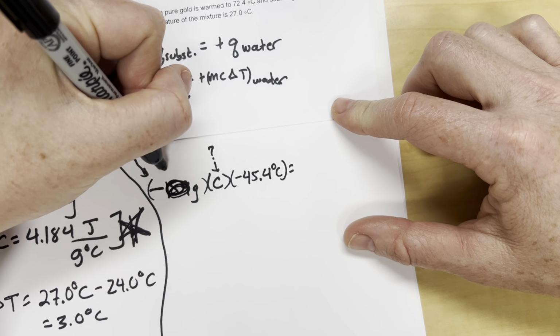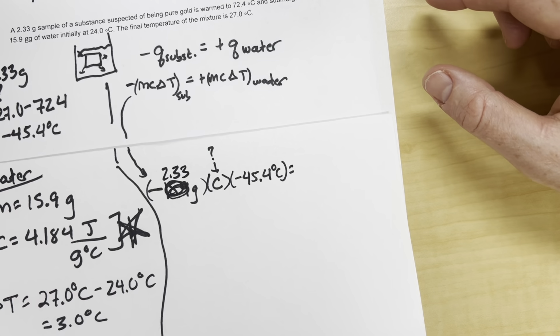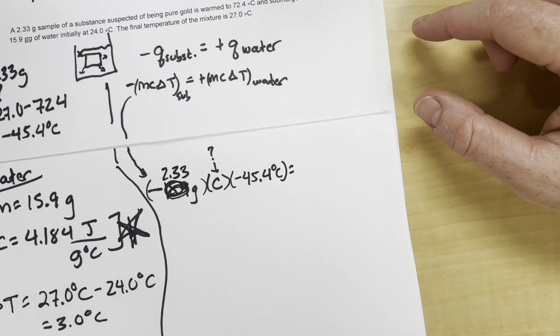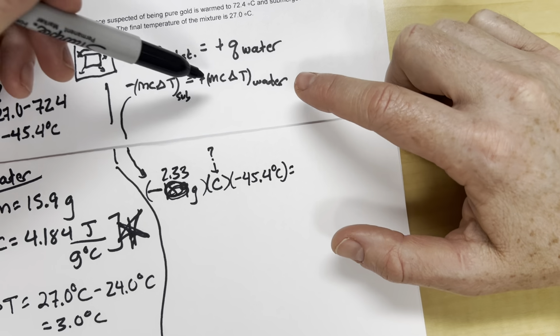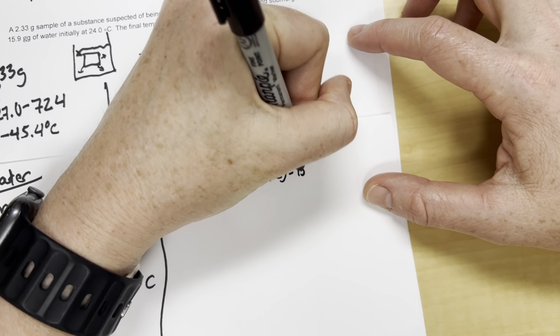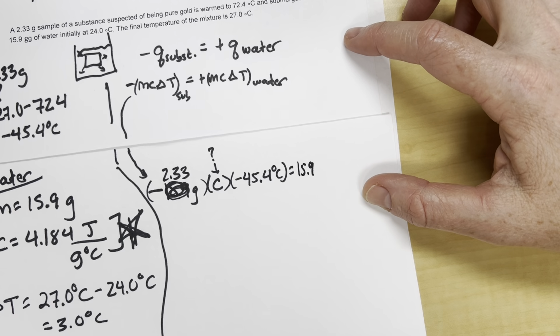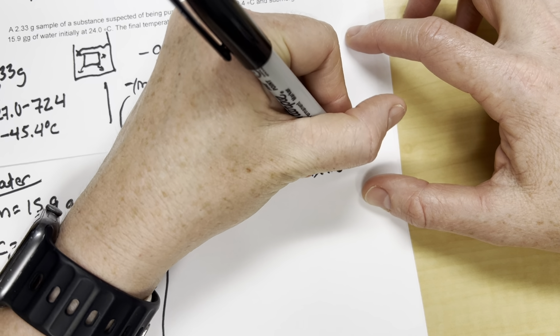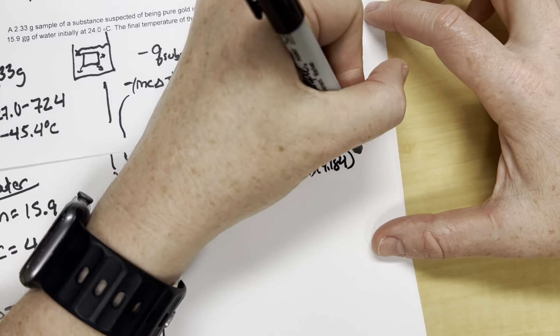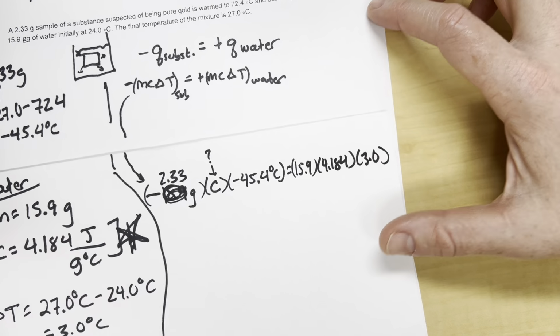This was negative 2.33. You guys are probably already yelling at me through the screen. I'm so sorry. So over here, our mass of our water, 15.9 grams, times our C, we know that's 4.184, times our delta T, 3.0.